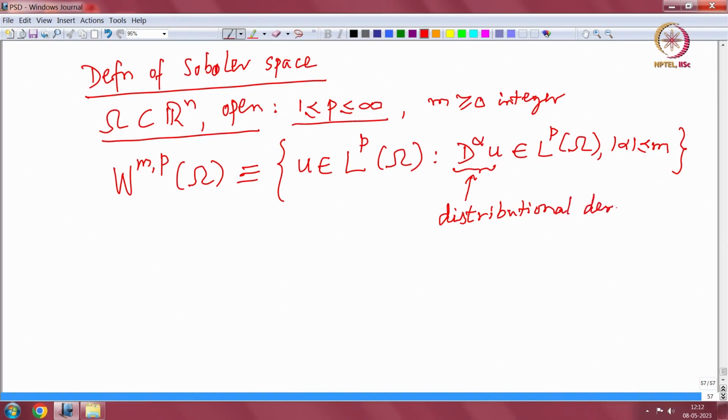The requirement is that those distributional derivatives are also in L^p omega. Here we use a shorter name for this. We also call this weak derivative, because we are going to use it only in the integral sense.